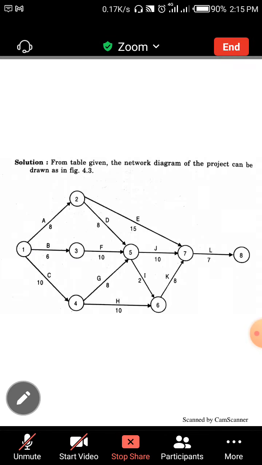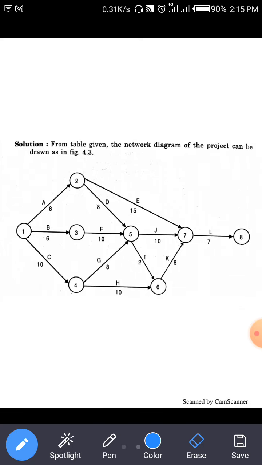Now duration is given for each and every activity. For activity A the duration is 8, for B it is 6, for C it is 10. Similarly all the activities' durations are given.